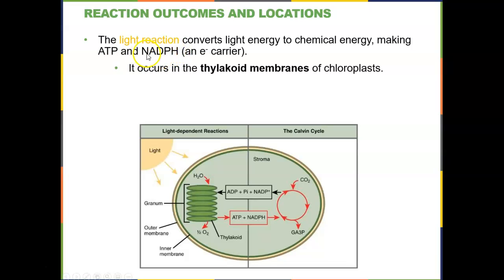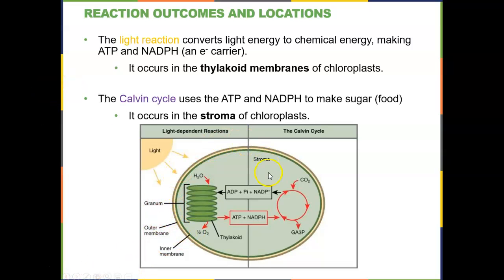NADPH is different than NADH, which we saw in cellular respiration. There's that extra P in there, but it still serves as an electron carrier. This occurs in those thylakoid membranes. So in the membranes of each one of these little thylakoid structures. And remember, a series of them is a granum.